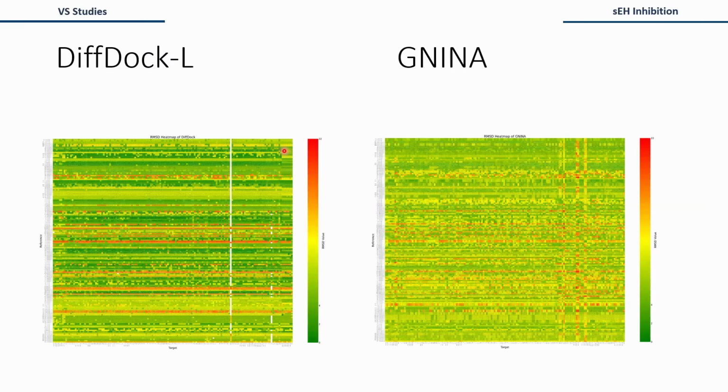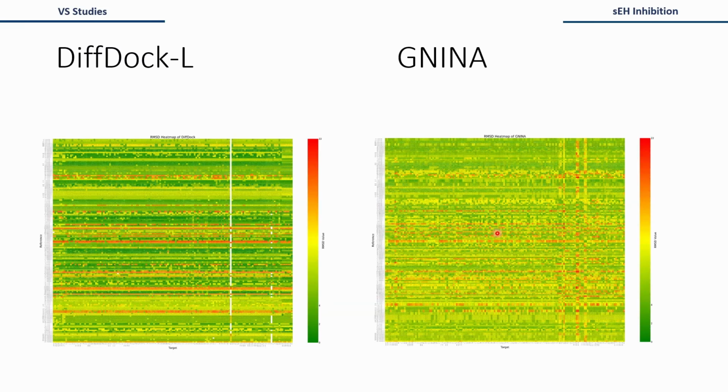And here you see the results of AI-related tools. And on the left-hand side, you see the heat map of DiffDock, which is looking very good, but this may also be related with the training data, since most of the crystals were also included in the training stage. We wanted to be very careful about the data handling. And the same was also for Nina.